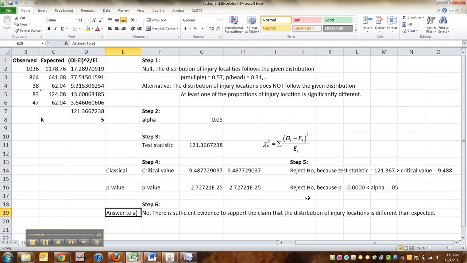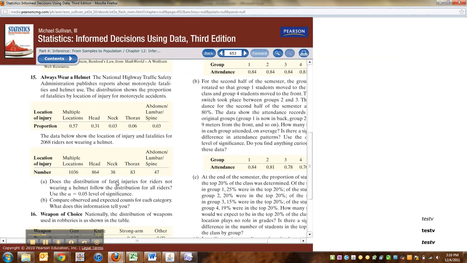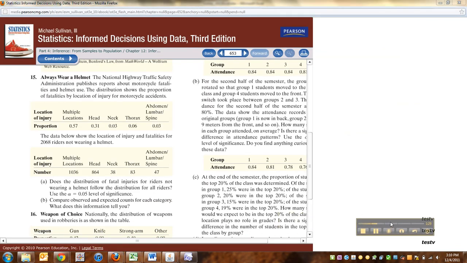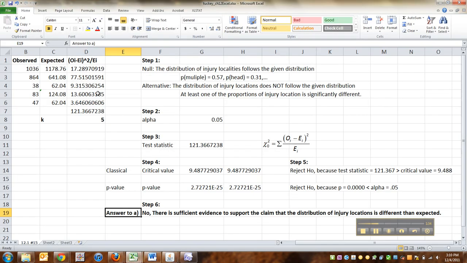Now that means that we have our answer to A, because A was asking us, matter of fact, let me bring it back up so you can see it. Does the distribution of fatal injuries for riders not wearing a helmet follow the distribution for all riders? Okay, well, if we go back, you can see this is what we observed for people that were not wearing a helmet.